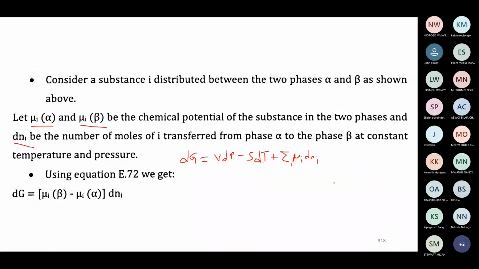So of course, at constant temperature and pressure, the first two terms are going to be equal to 0. So dG is the sum of all mu i dNi. So in this case, dG is going to be given by mu i beta minus mu i alpha dNi.